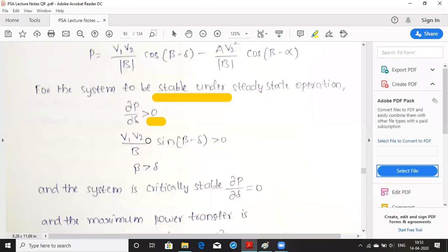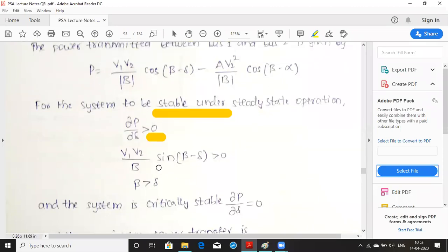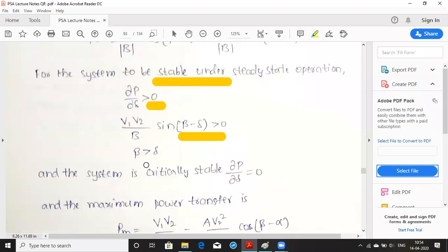If it is positive, V1 V2 by B sine of beta minus delta will also be greater than 0. Therefore, beta is greater than delta. To make it a stable condition, you need to choose the impedance angle beta to be greater than the load angle, so that it comes into a stable condition.